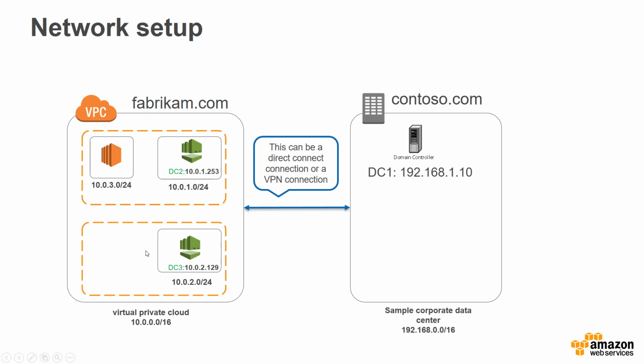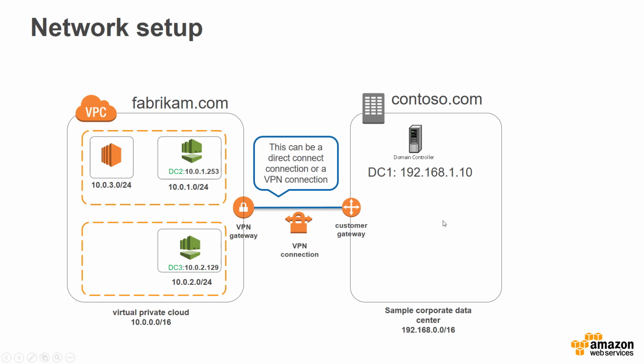If you are going to do this in a cloud environment like what I'm doing right now, you can also create two VPCs, one to represent fabricam.com and another to represent contoso.com, and then create a VPC peering connection between these two networks so that network traffic can flow between them. The best way to try this is to set up a VPN connection if you like. So that's about the network setup, and I hope you get an idea.